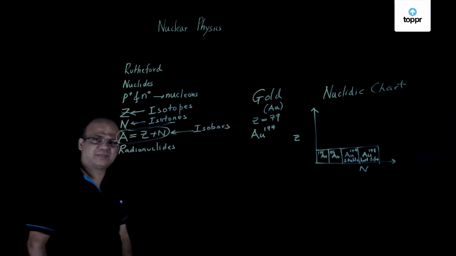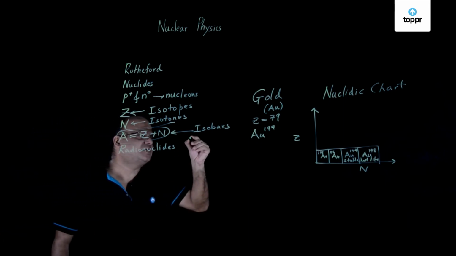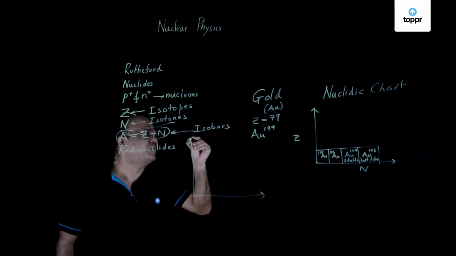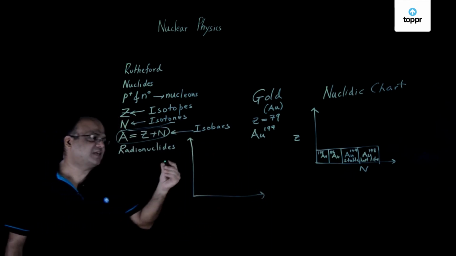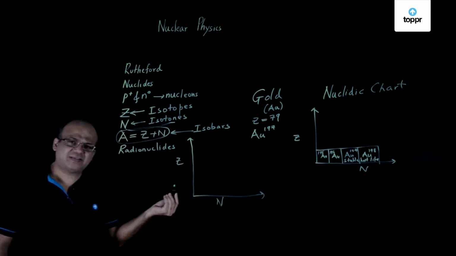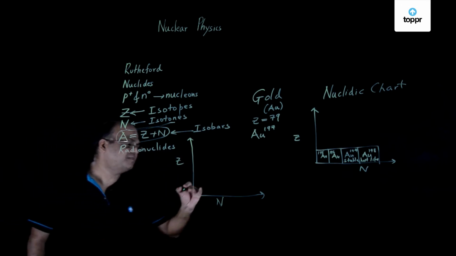Now, which nuclei is stable? Which is radioactive? For that we have got this kind of graph again. We can have Z on the y-axis, N on the x-axis. Okay, some people may do it the other way around, makes no difference.